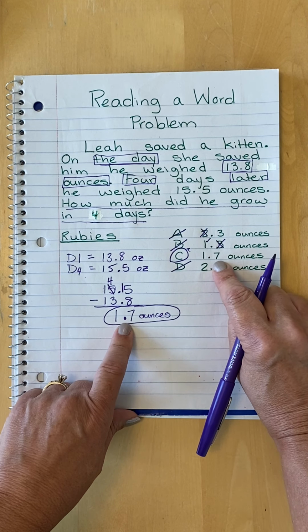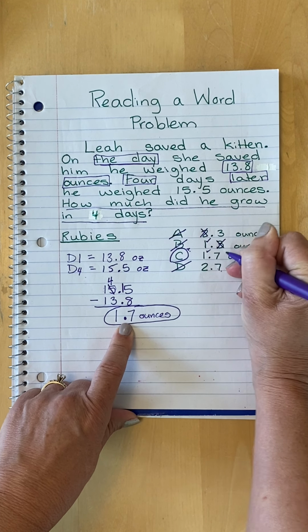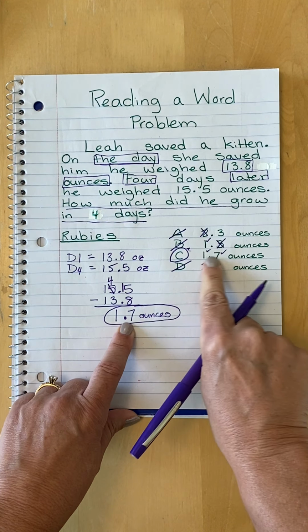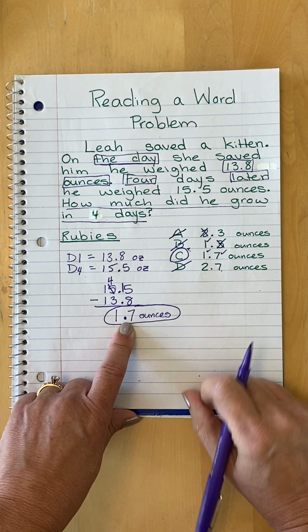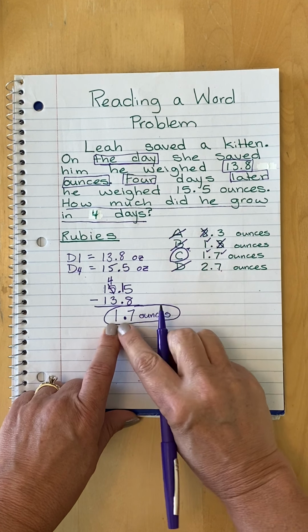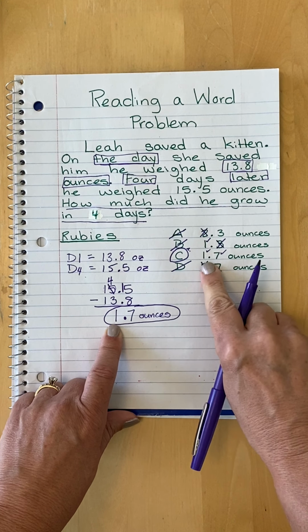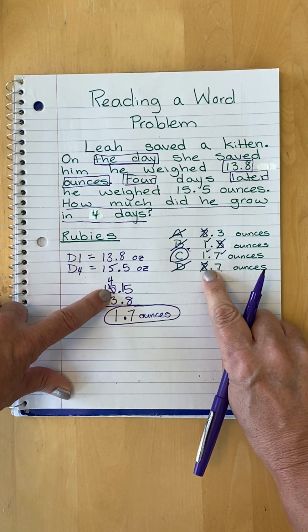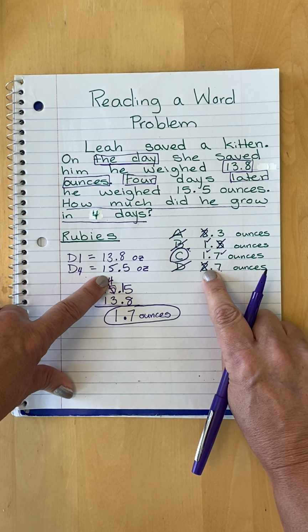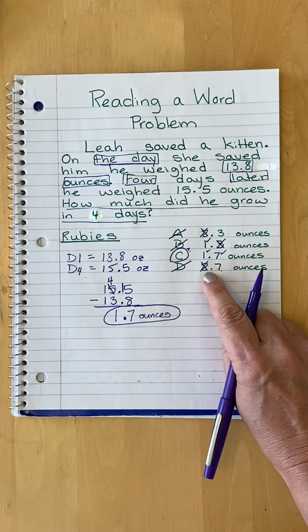Then I look at the next one. The 1 matches, the 7 matches. So that explains why that's correct. And D is wrong because the whole number is 1 ounce, not 2 ounces. That would be if they forgot to cross out the 5 and put a 4 when they regrouped, then they would have gotten 2 instead of 1.